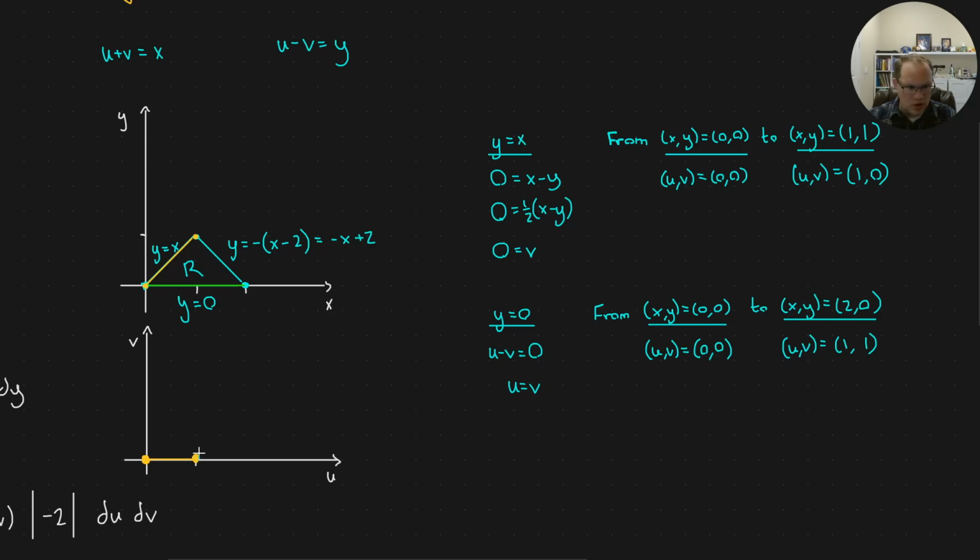Okay, so I'm going to go from this point 0, 0 to this point here, 1, 1, along the line v equals u. Okay? All right, and we have one more edge to look at.